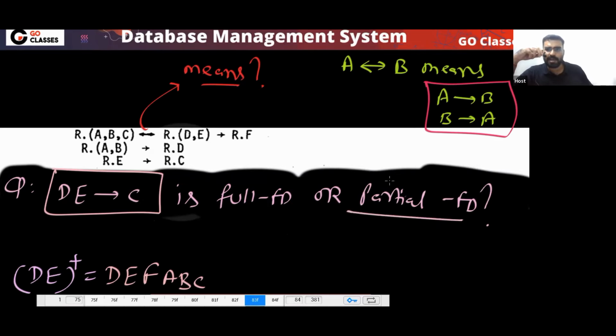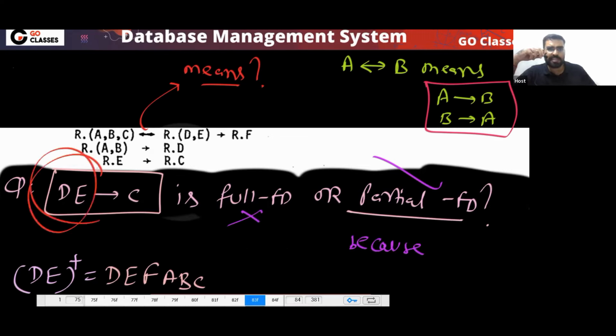Simple point: this is a partial FD. Why? Because you don't need DE. This E is enough. Yes or no?